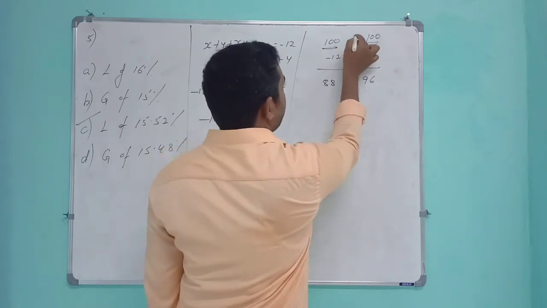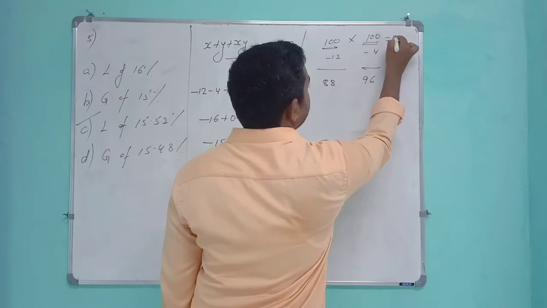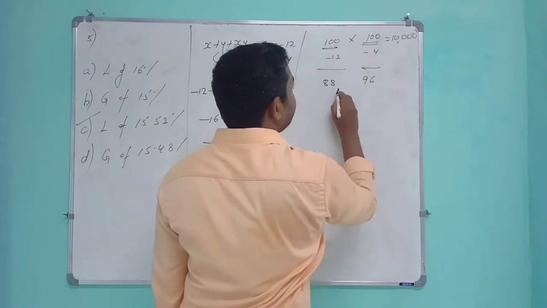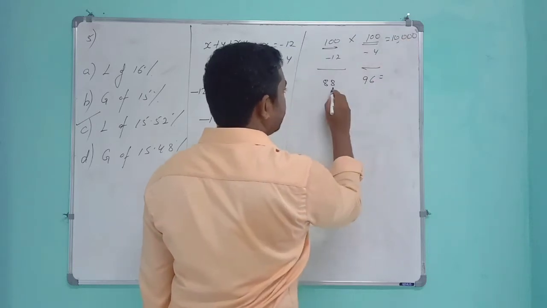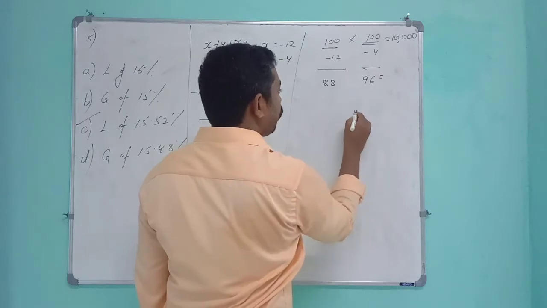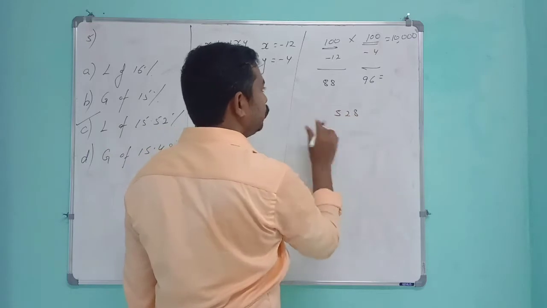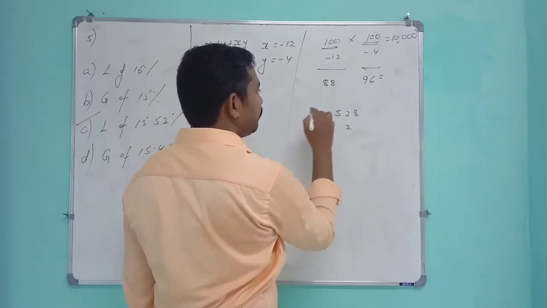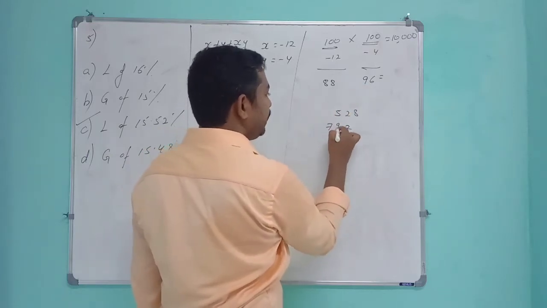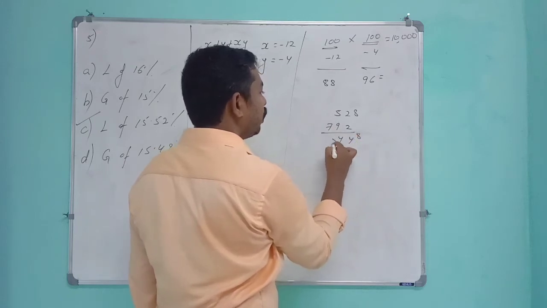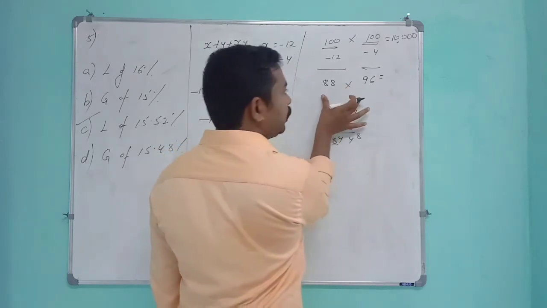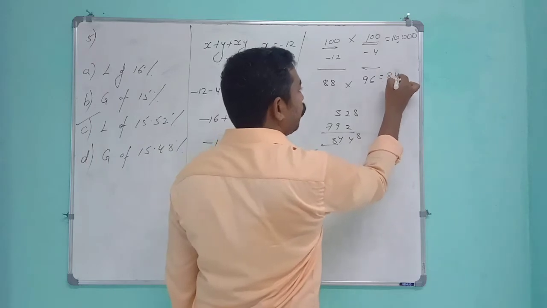So the original value, 100 into 100, becomes nothing but 10,000. For 88 into 96, 6 8s are 48, 4 carries, 6 8s are 48, that is 52. Similarly, 9 8s are 72 plus 7, that is 79. That is 8448. After multiplication of these two terms, the answer is 8448.